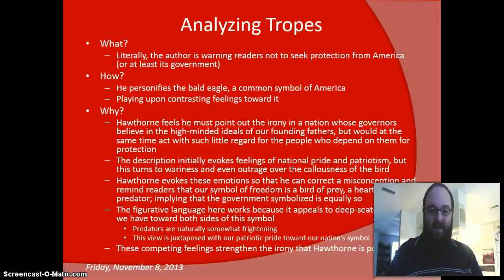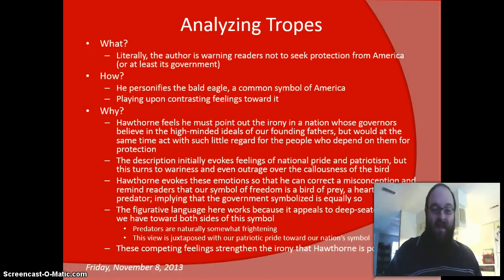That's irony here. And so by juxtaposing these contradicting feelings, our national pride with our fear of this thing, that strengthens the very irony he's pointing out, that although we'd like to believe that our government is out for our best interests, when push comes to shove, they're just as likely to fling us out of the nest off the cliff if it doesn't suit their politics.